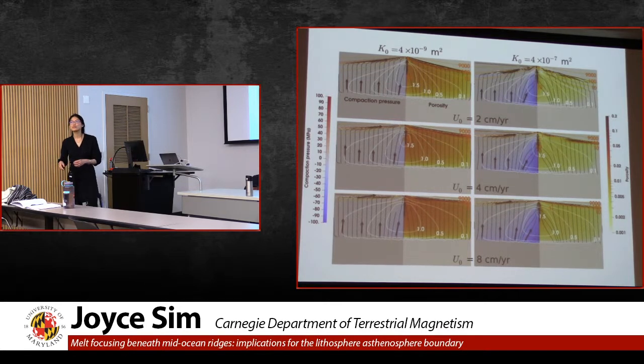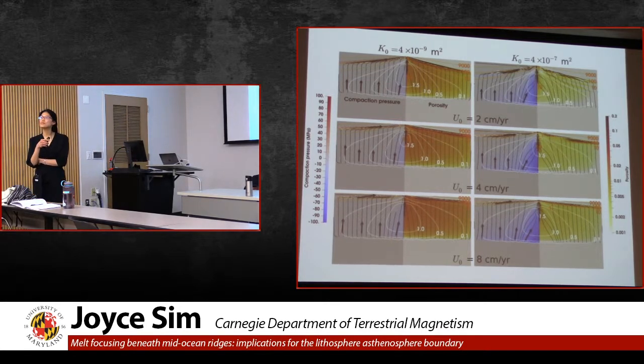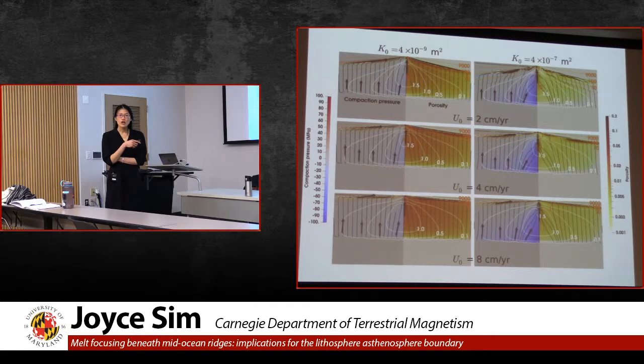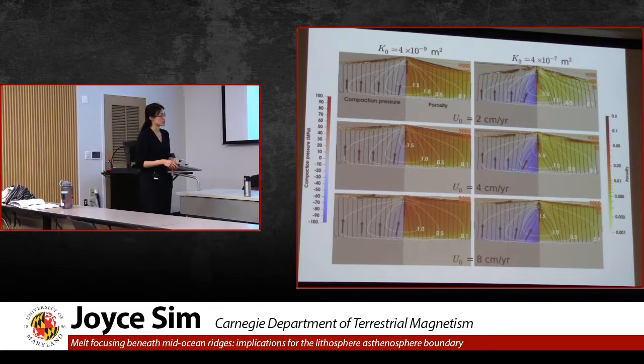From what I understood, if you have a bunch of melt, the whole thing gets squishy. You have a squishy sponge, right? Right. And so does that mean that when the milk gets out, the suction becomes bigger? Right, so there are two things happening with the compaction pressure here.